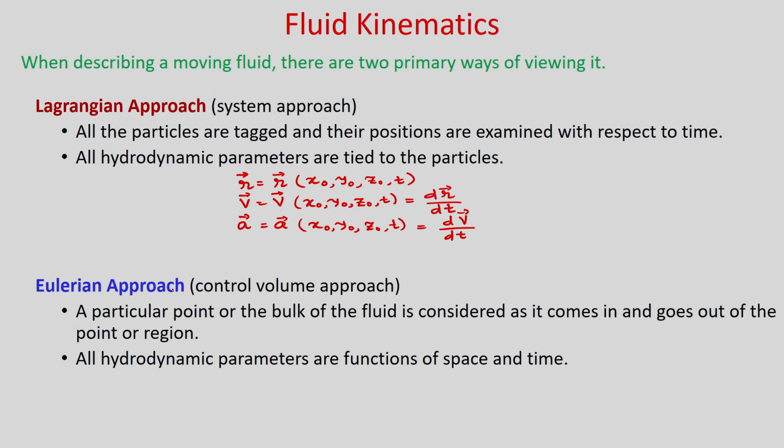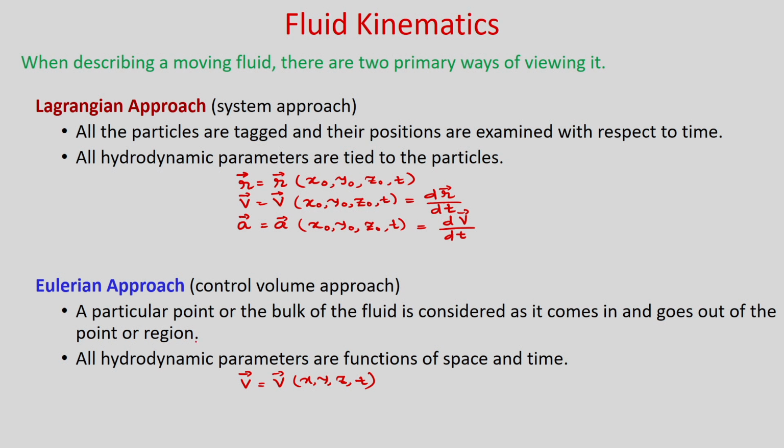Whereas, in the Eulerian approach, a particular point or the bulk of the fluid is considered as it comes in and goes out of the point or region. All hydrodynamic parameters are functions of space and time. So, any parameter like velocity v is a function of space and time.